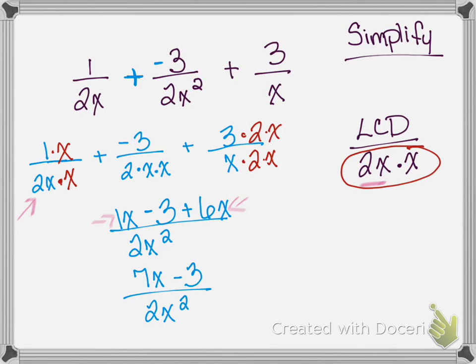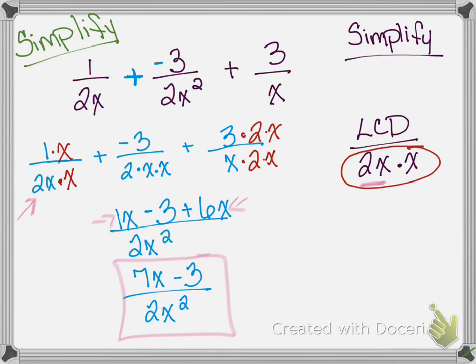Now, one of the things that students struggle with is the difference between this and solving. Here, we are simplifying. The directions will say simplify. Okay? We are simplifying. There is no equal sign.